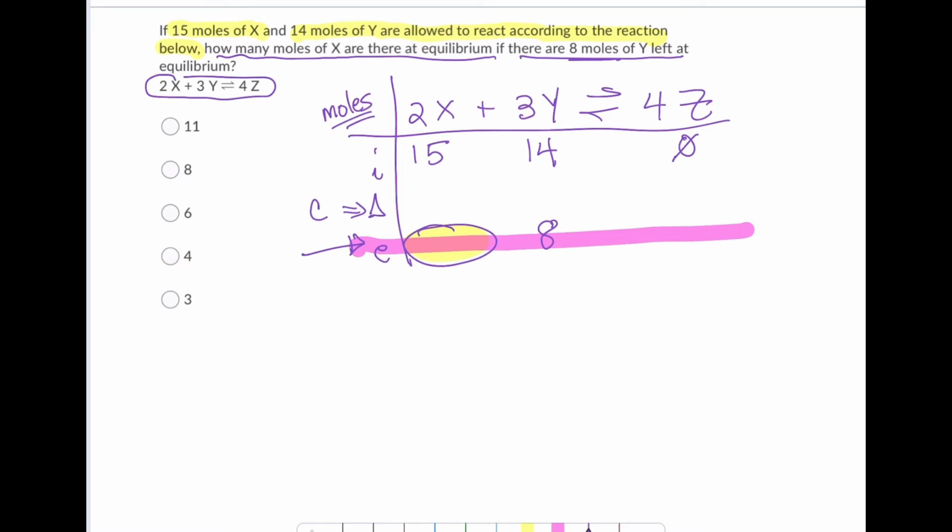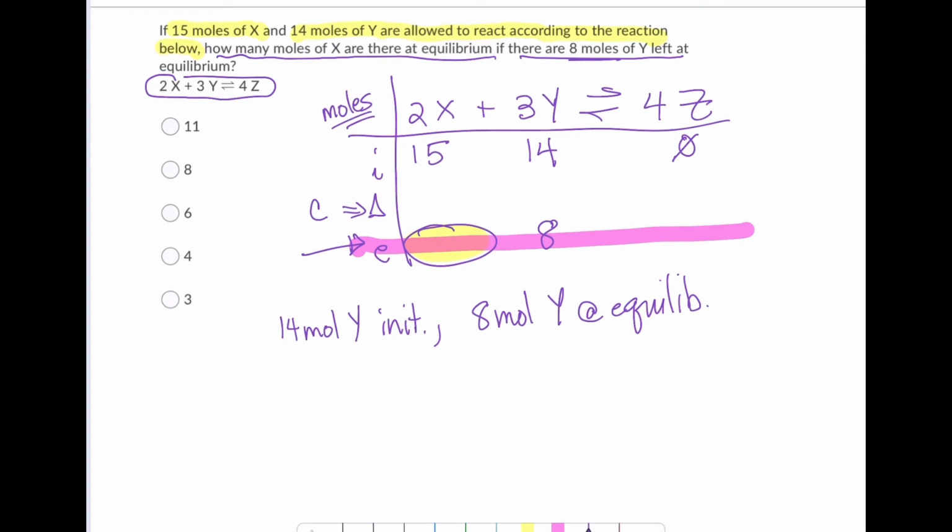As we learned in Chem 1, and this should make sense to you, if I start with 14 moles of Y initially, and there are 8 moles of Y at equilibrium, that means the difference between those two is what actually reacted.